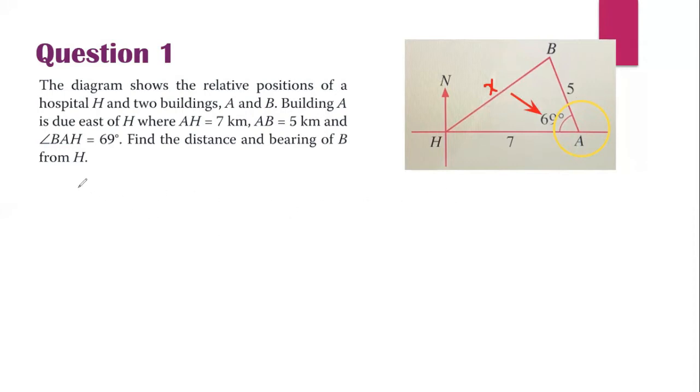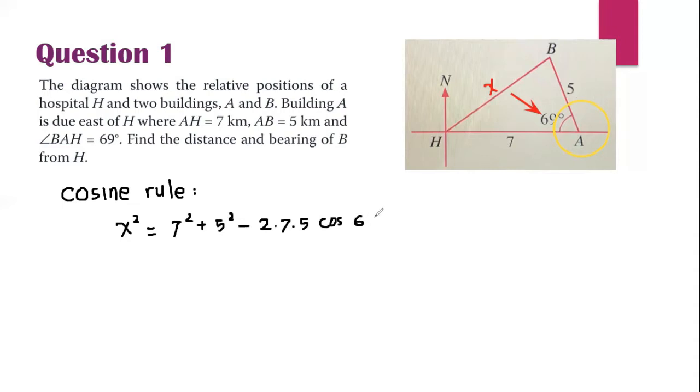By using the cosine rule, x squared equals 7 squared plus 5 squared minus 2 times 7 times 5 cosine 69 degrees. Is it correct?